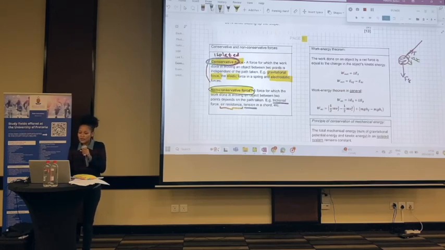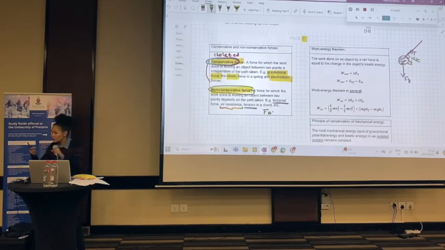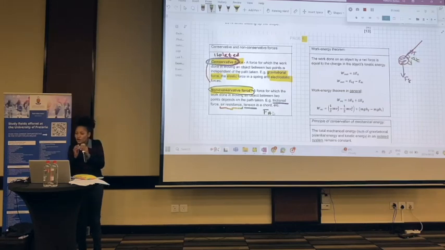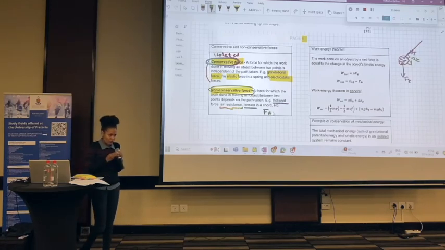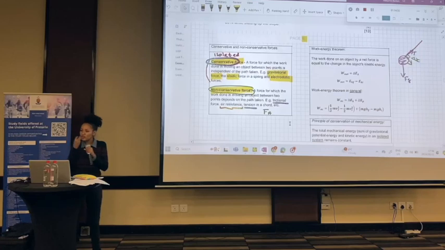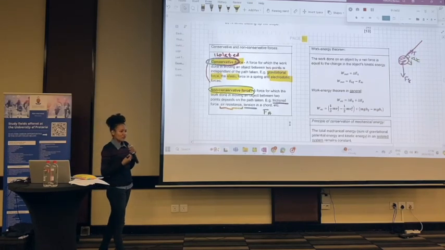Tension force, the applied force. As soon as you see forces like those and they are doing work on the body, then you know we have non-conservative forces.